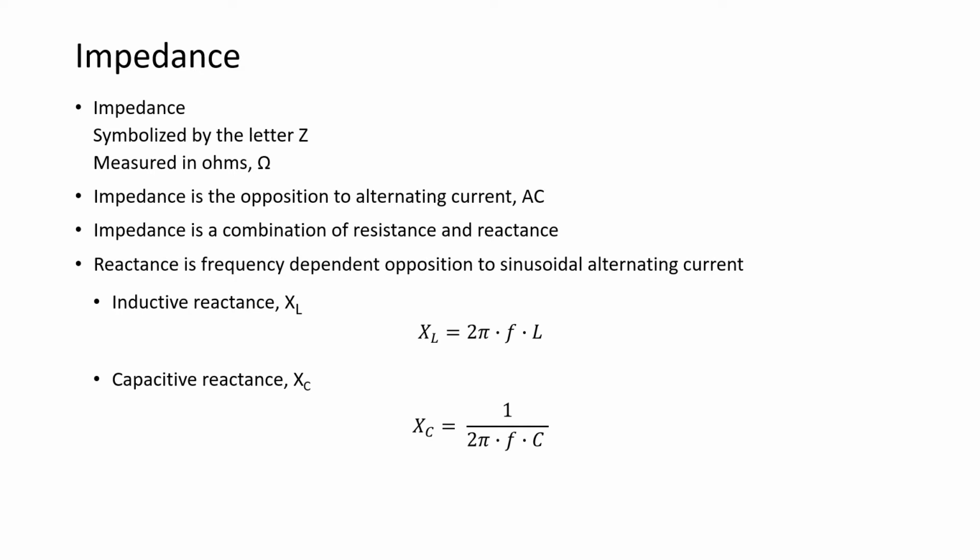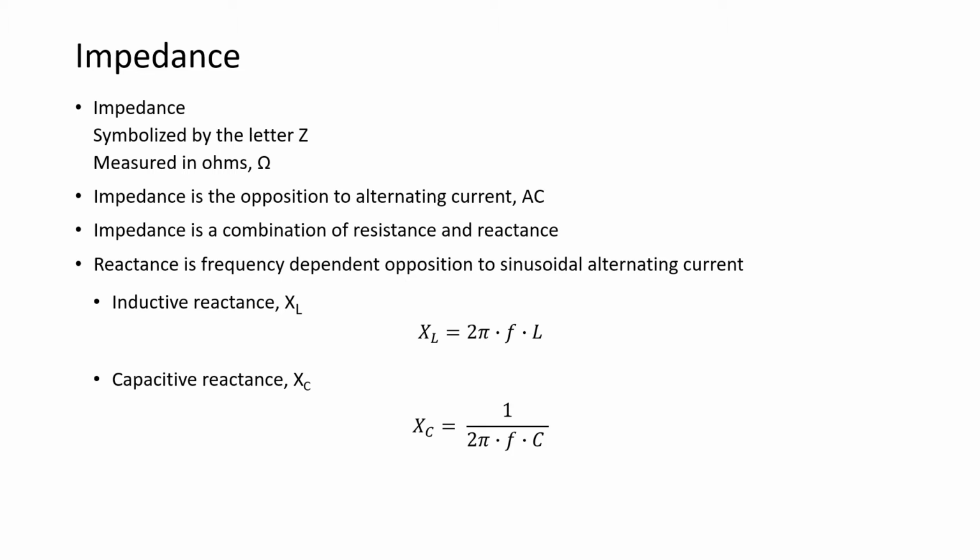And you recall that reactance is the frequency-dependent opposition to a sinusoidal alternating current, as seen by an inductor. Inductive reactance, symbolized with X sub L, mathematically equals 2 pi FL.